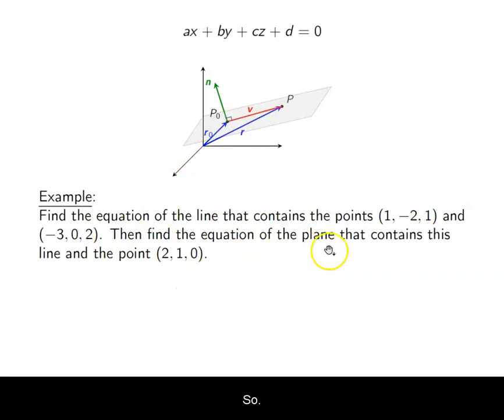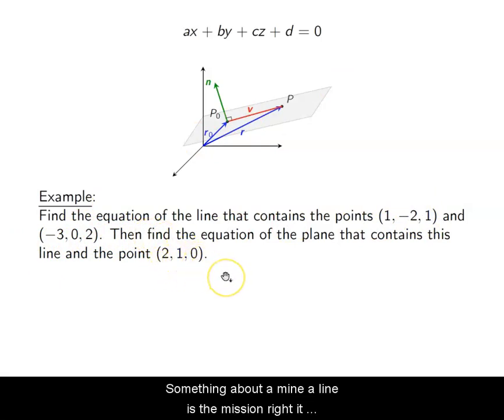After that, we want to find the equation of the plane that contains this line that connects 1, negative 2, 1 and negative 3, 0, 2, but also has the point 2, 1, 0 in it. Think about a line. A line is dimensionless. It goes forwards and it goes backwards, but that's it. I can find an infinite number of planes that pass through any one line unless I have a third point that also lies inside of the plane.